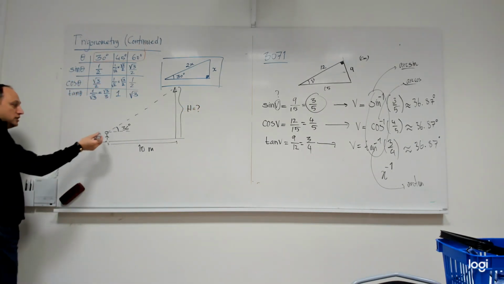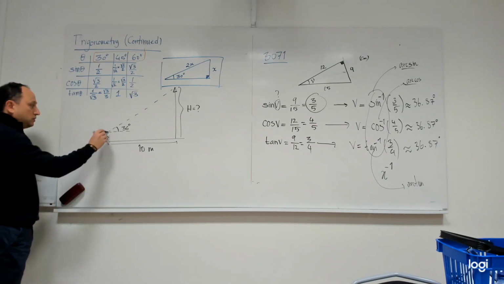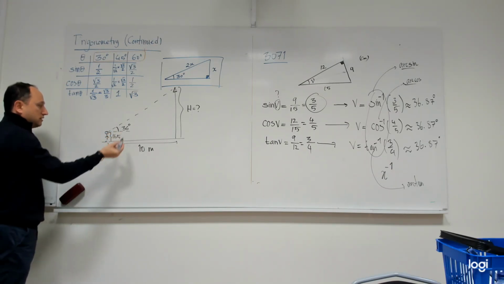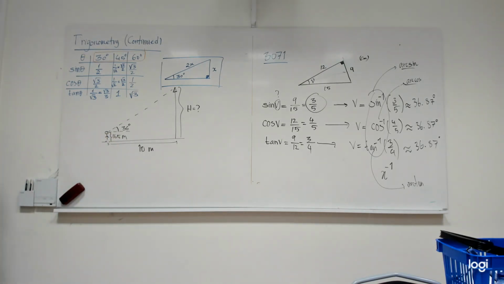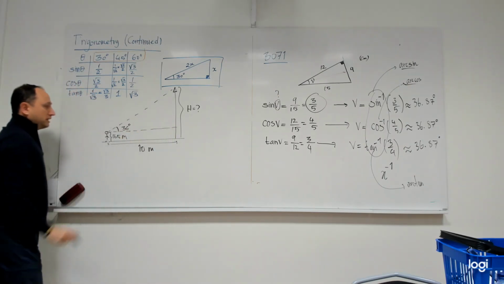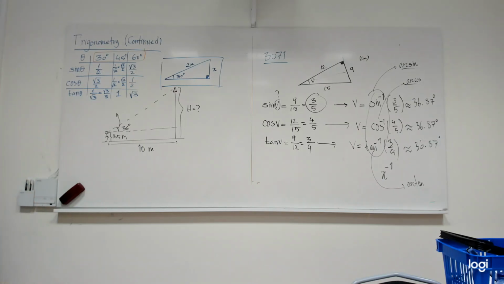I can measure the distance from my eyes to the ground level. So let me just do that. For example, let us make it 1.65 meters. Okay, and then I want to find this height. So what should I do? By the way, do you remember what was the name of this angle? These names I want you to learn. The angle of elevation.